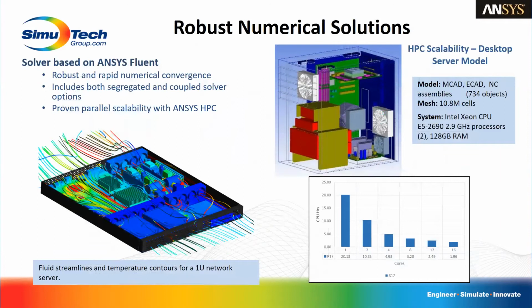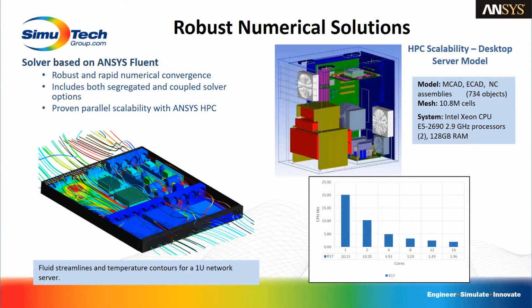As I mentioned before, the solver is based on Fluent. It's, again, a very proven solver. We can do segregated analyses, so things like flow and energy, temperature and flow solutions, or we can just do one or the other. And there, again, there's that proven scalability with Ansys HPC.